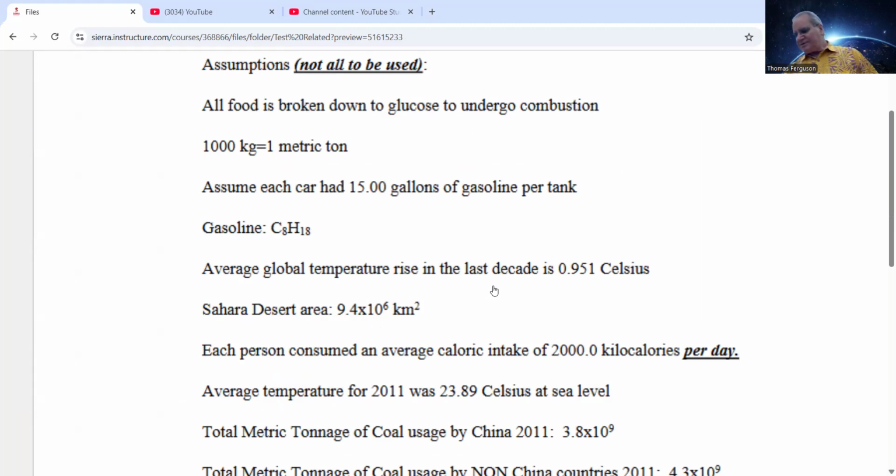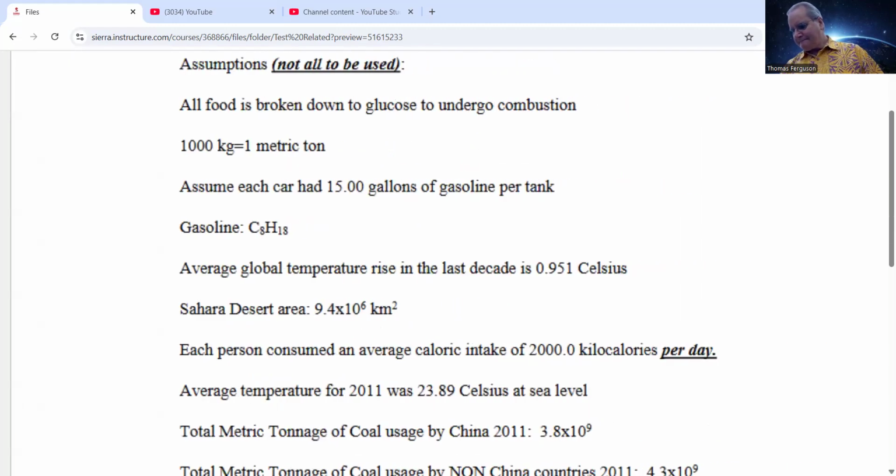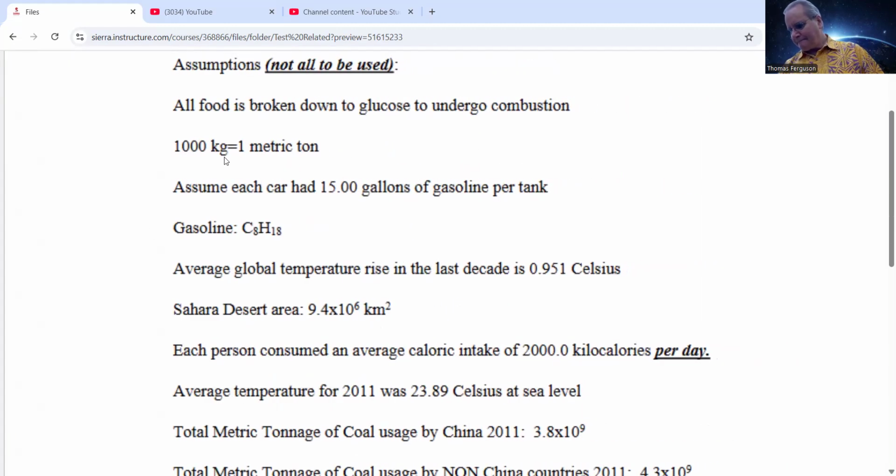By the way, this is interesting: a metric ton is 1,000 kilograms, which is smaller than the normal ton of pounds.